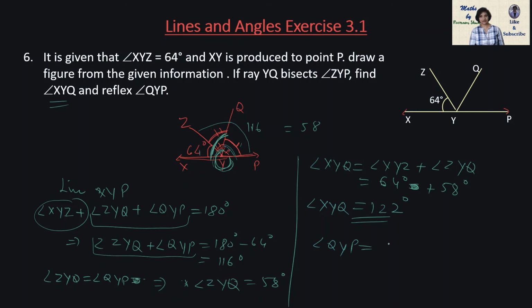QYP equals the complete angle 360 degrees minus angle QYP, which is 58 degrees. 360 degrees minus 58 degrees. So what will we get here? We will get 302 degrees. QYP. So we got the answer.